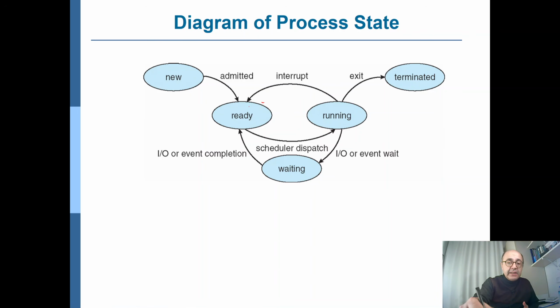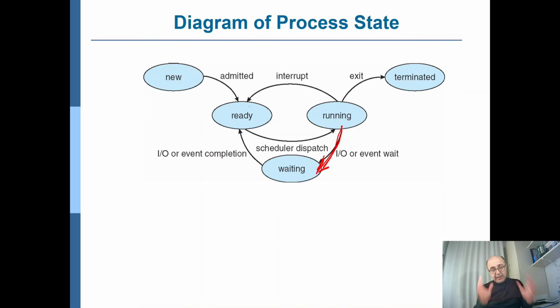Or another thing that could happen for a process that is running is that before the timer expires, before its time slot ends, it tries to do some I/O. Therefore, from the running state immediately, although it still has the right to continue, sorry, it will be switched to the waiting state.